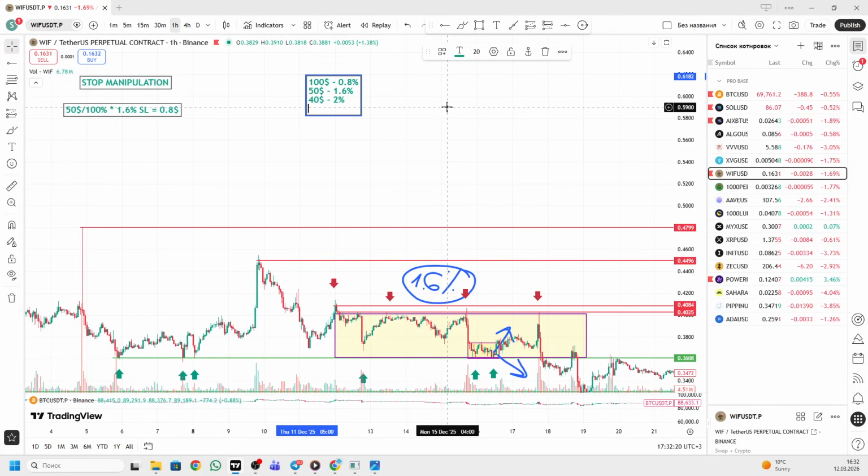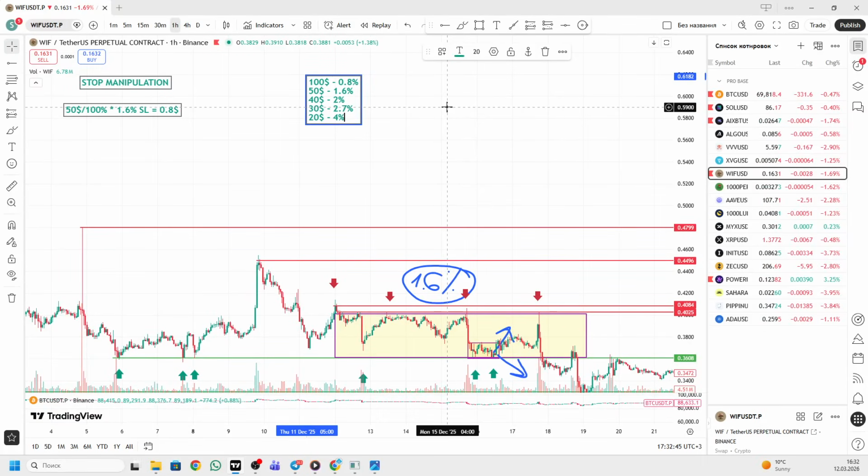Okay, let's go on. $30. How much stop can we put? 2.7. Absolutely right. Okay, let's go on. $20. 4%.